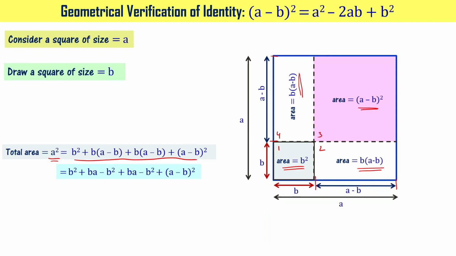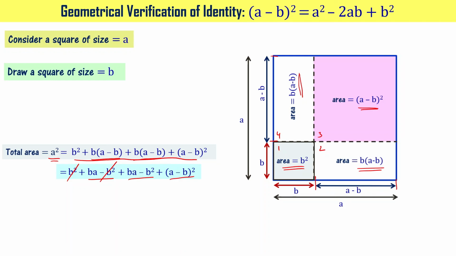B square is written as is, b times a minus b is written as ba minus b square, and b times a minus b here is also written as ba minus b square, and a minus b whole square is kept as is. Okay, now let's simplify. This is minus b square, I can cancel that with plus b square, right?